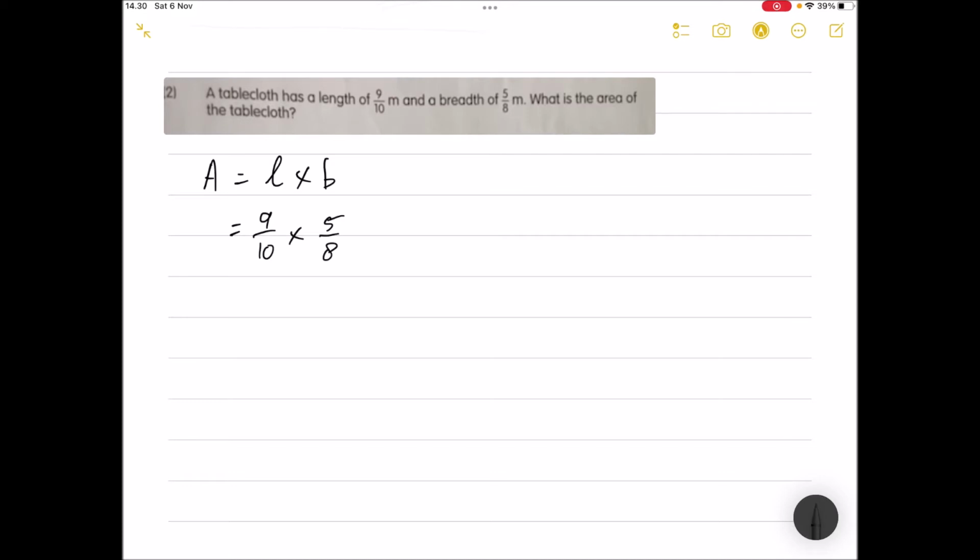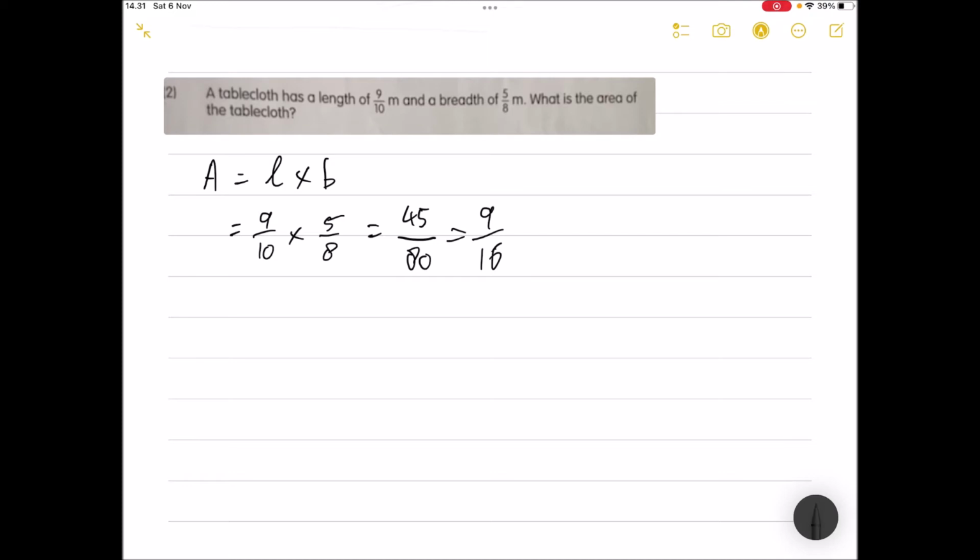However, there is none here, because the rule to cancel is that it has to be a pair of numerator and denominator. And there is none. So we simply multiply numerator by numerator: 9 multiplied by 5 is 45. 10 multiplied by 8 is 80. And we can simplify them to 9/16.